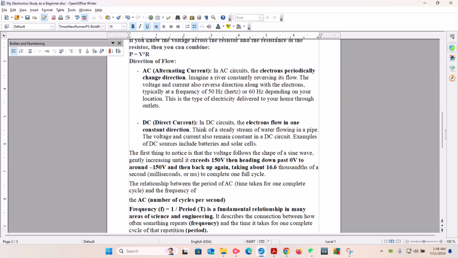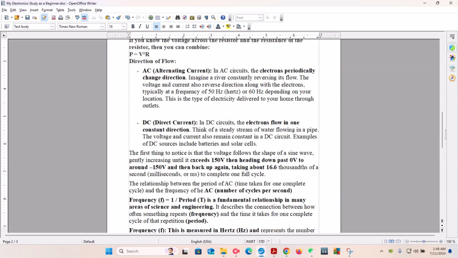The relationship between the period of AC, which we talked about before, the time taken for one complete cycle, and the frequency of AC, the number of cycles per second. Now frequency, that's lowercase f, not capital F. Lowercase f equals 1 divided by the period, in terms of time. Period is another word for time, okay?